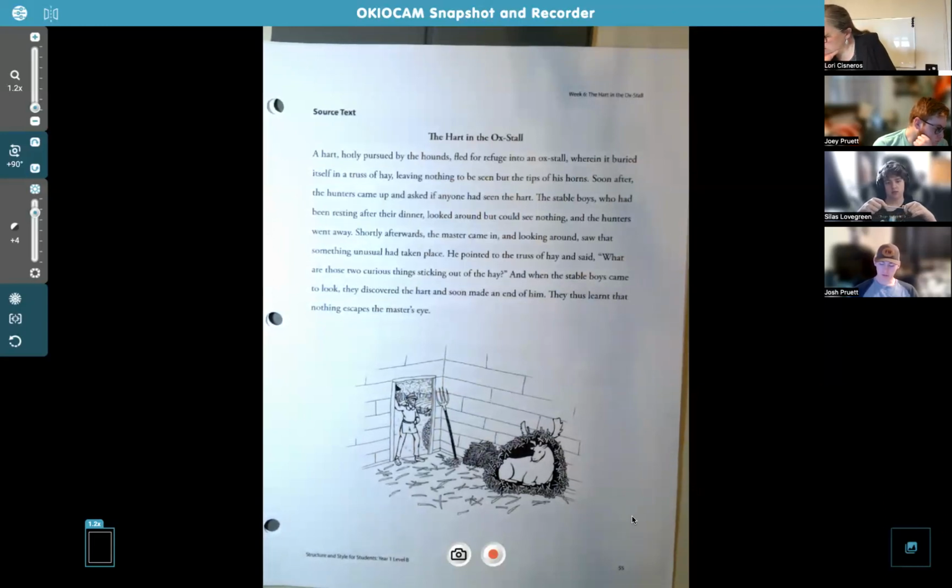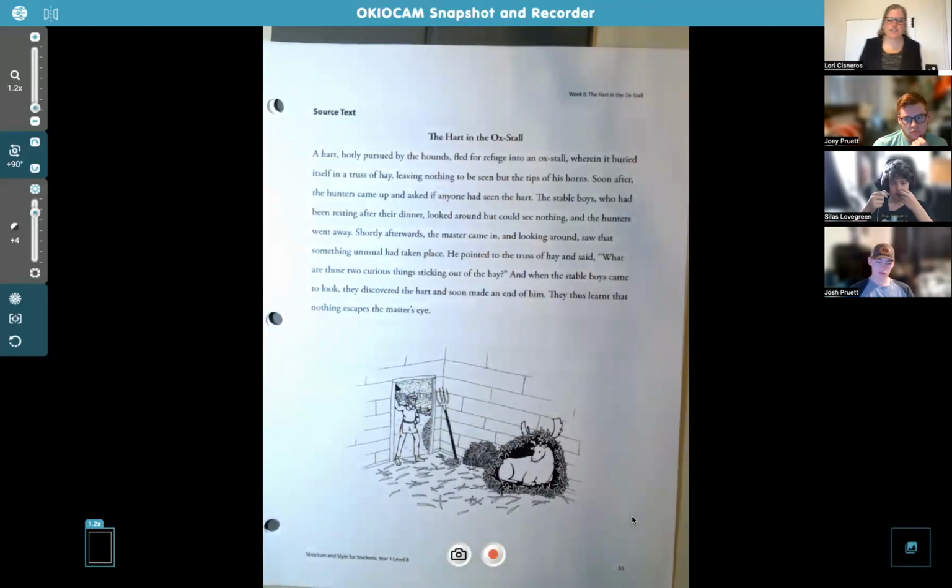Shortly afterwards, the master came in and, looking around, saw that something unusual had taken place. He pointed to the truss of hay and said, "What are those two curious things sticking out of the hay?" And when the stable boys came to look, they discovered the hart and soon made an end of him. They thus learnt that nothing escapes the master's eye.